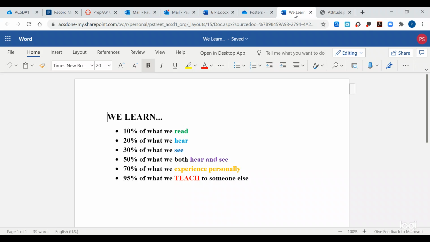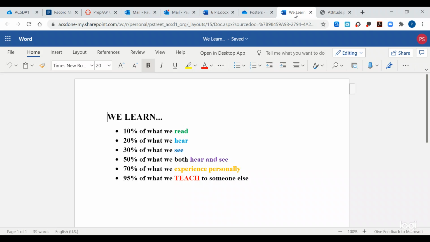Okay, so something about explaining to somebody else how to do something, what you know, your understanding of the problem, really locks it into your own head, and you remember it and understand it the best. So that's another reason why we're trying to work collaboratively, and also to encourage you to ask questions.